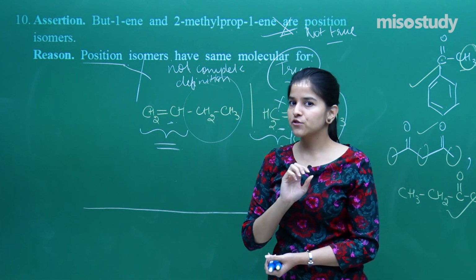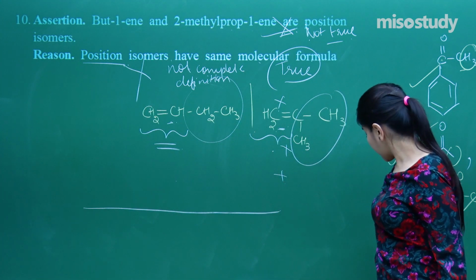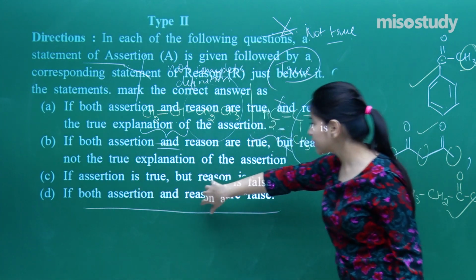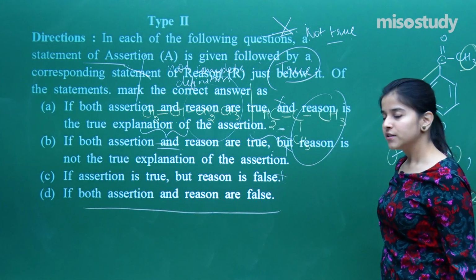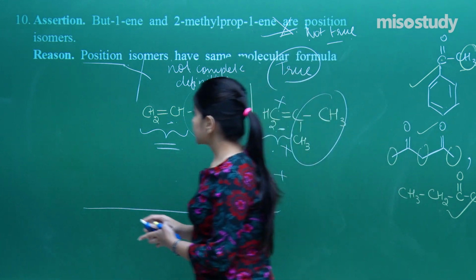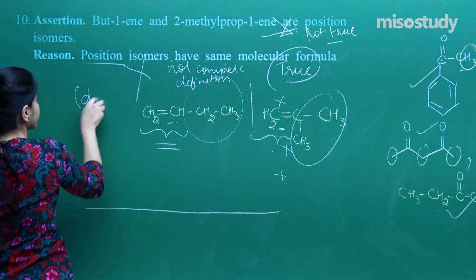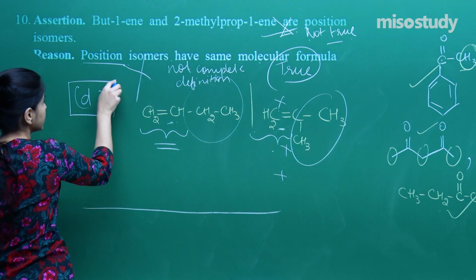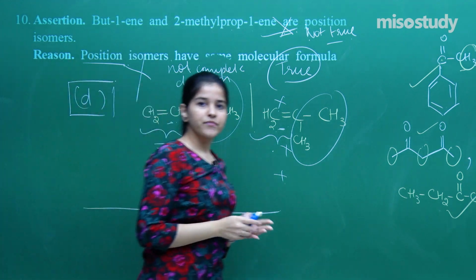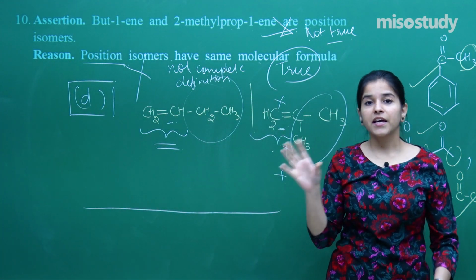So I hope everybody has got the answer here. I got it D, if both assertion and reason are false. So it is D over here. Answer is D.